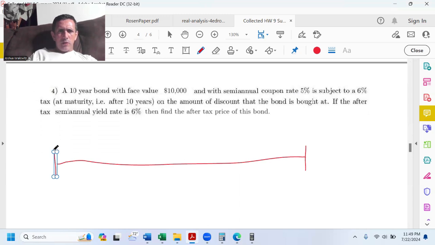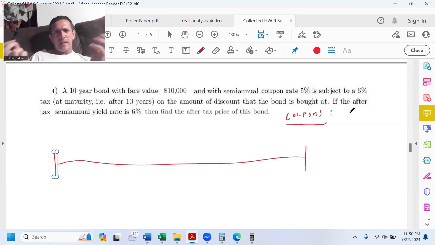All right, so I'm gonna draw a time diagram in a second. Makeham's formula does not apply when you have situations like this where you're taxed on your actual price. You just have to take the present value of your time diagram and that's that.